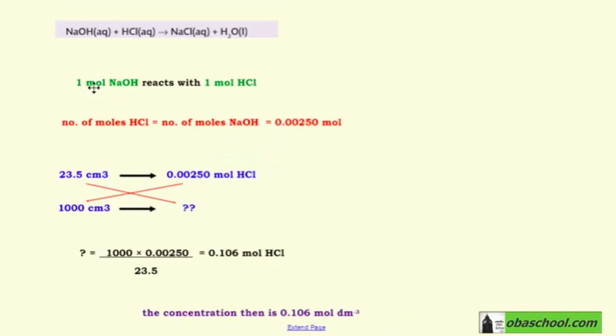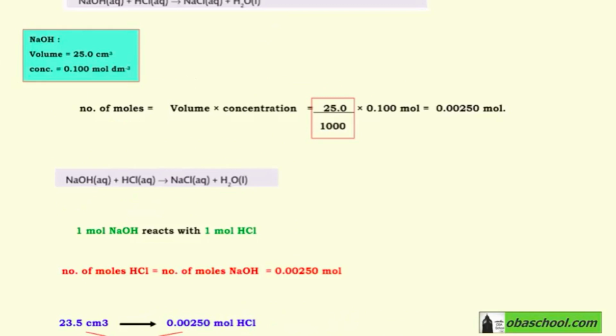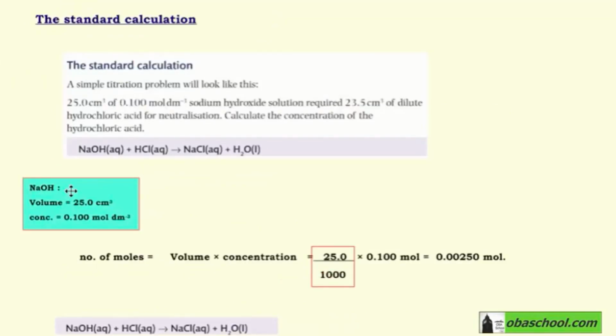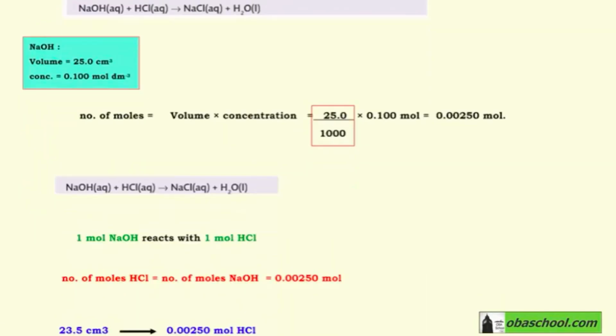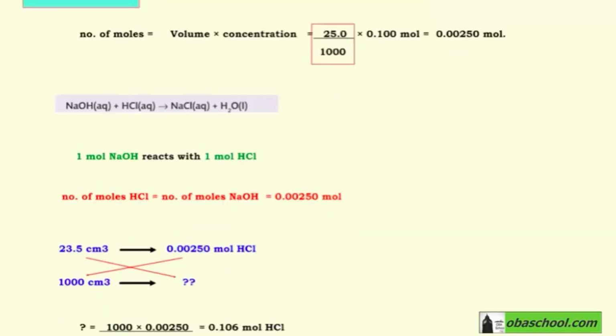Let's repeat what we did together. We take the given: we have the volume and the concentration of sodium hydroxide, so we find the number of moles as the first step. Then we look at the equation we have and find that the number of moles of sodium hydroxide equals the number of moles of hydrochloric acid. So I find the number of moles of hydrochloric acid, which are dissolved in 23.5 cm³.